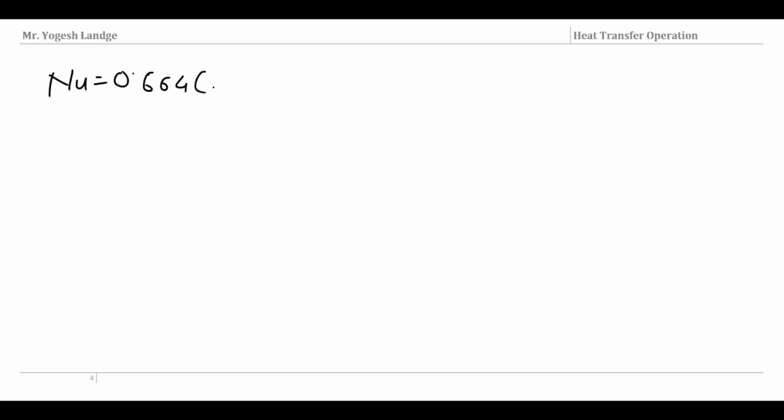The Reynolds number is given as 5 into 10 raised to the power 5, and whole raised to the power 1 by 2, into the Prandtl number which we have calculated, 1.93 into 10 raised to the power minus 4, whole raised to the power 1 by 3.